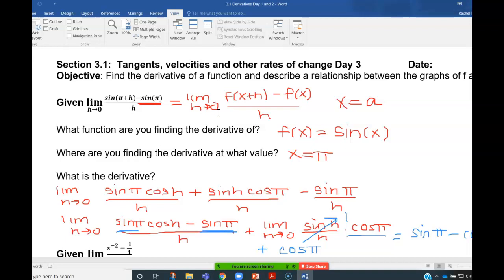It's the y value over here at 180. Yes. So this is 1.